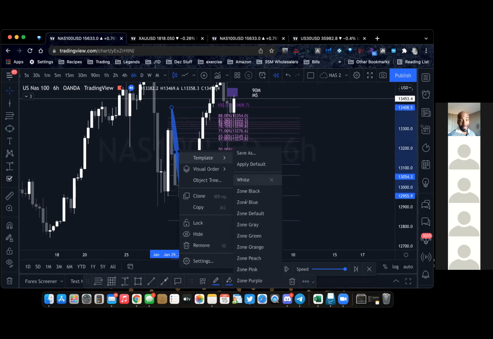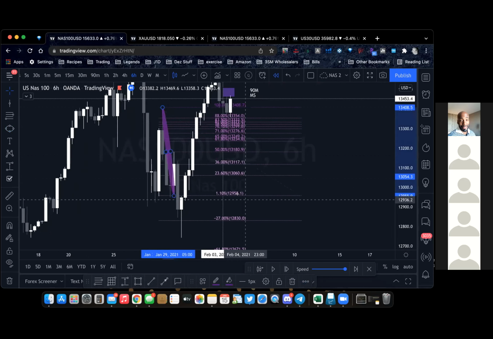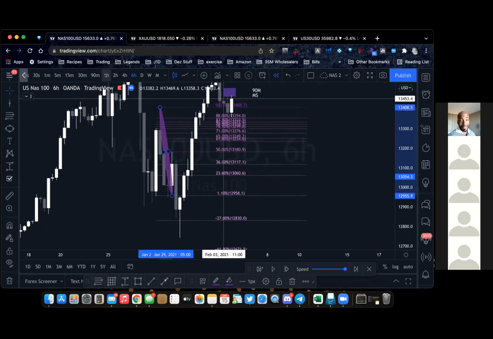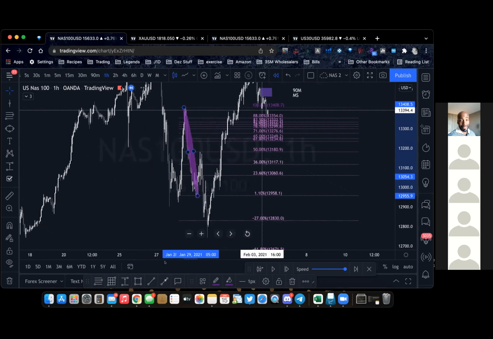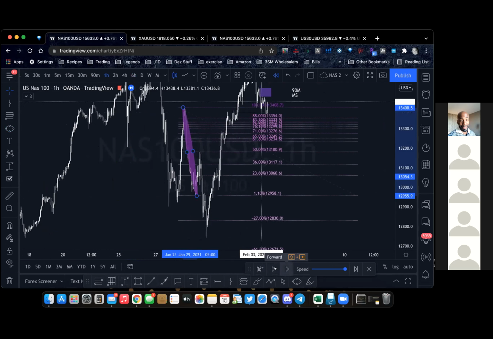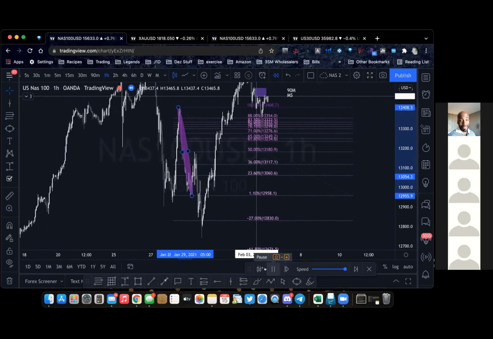And this is why I started using different colors and going what I was doing. So let's go back to the 1 hour. Move this up a bit. Where's the stupid thing at? Here it goes. I don't want it to move that fast, but I don't want it to move that slow.